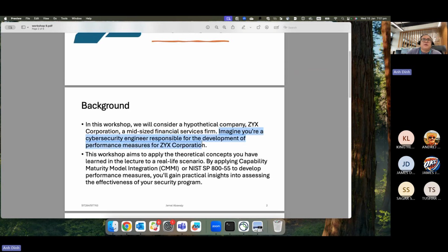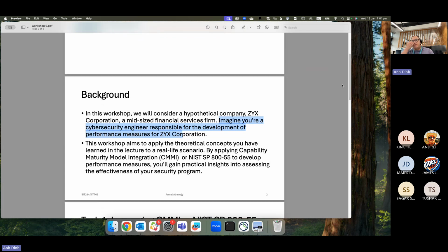And this time you are a cybersecurity engineer responsible for the development of a performance measure program for this company. So somehow you need to develop a program that measures how good the company is doing with respect to its cybersecurity program.